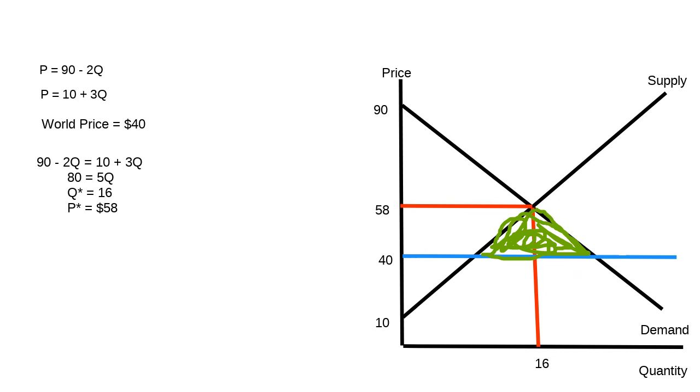Okay, so we have 2 pieces of information that we need, and we just need 2 more. This would be the quantity supplied, the supply curve at 40, which is the world price. And we want to know the quantity demanded at 40. How do we find those? Well, you take 40 and plug it into the supply curve.